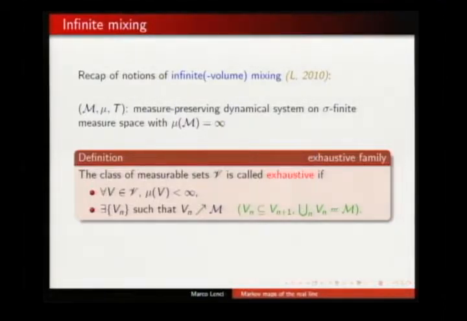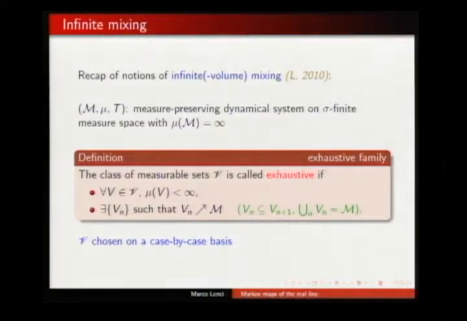But in general, like in our case, in fact, you want more. You would like to have a much richer exhaustive family, not just one increasing sequence, but a bunch of increasing sequences which can be located all over the place. Okay? So once again, you choose this on a case-by-case basis. I'm not giving you a theory that tells you how to define these large boxes in every case.